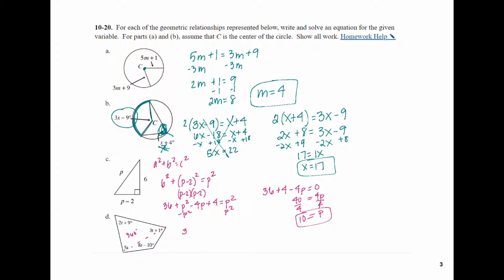So if we set 360 equal to the sum of all of our interior angles, and we combine all of our like terms, we get 18t, don't confuse them with the plus signs. So t equals 20 degrees.